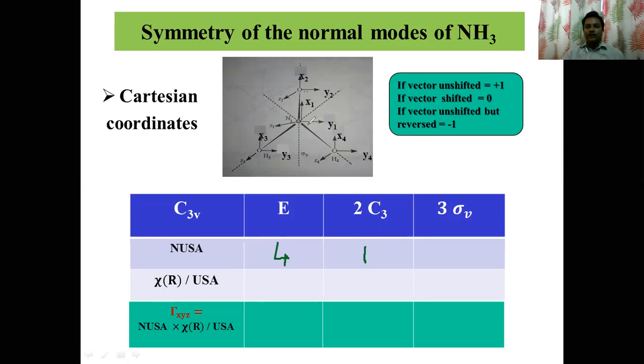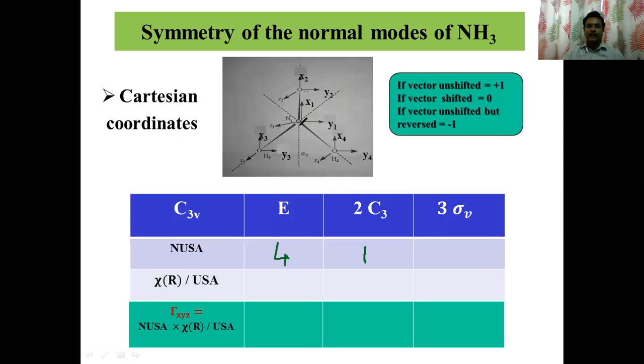Okay, now sigma V, for the time being I don't want to discuss much, but just assume that this is my sigma V, this one, which goes along xz, right? If I take the xz plane, how many unshifted atoms are going to be there? It is only 2, right?